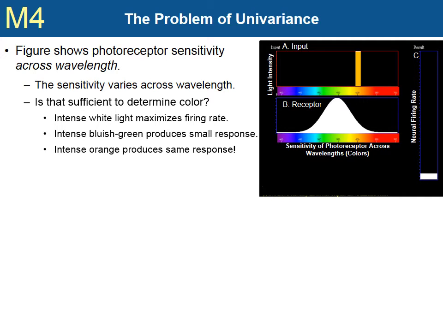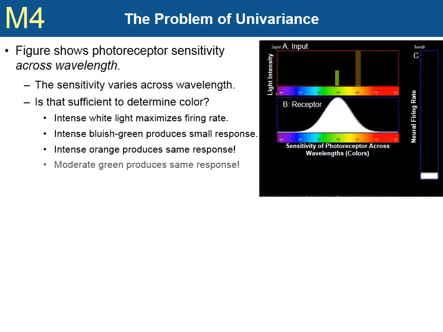Okay, one more test. Let's present a 545 nanometer light, what this neuron maximally fires to, but at a moderate intensity. Box C again shows the exact same response rate. What does that mean?